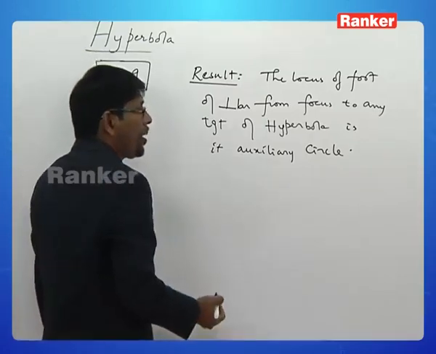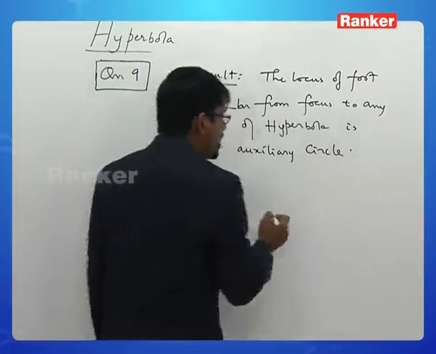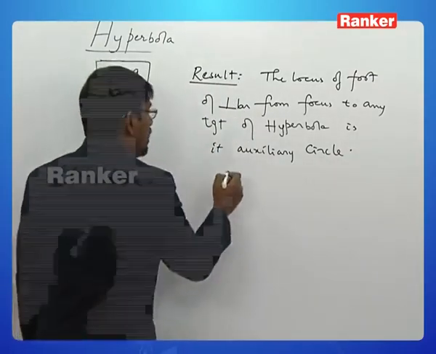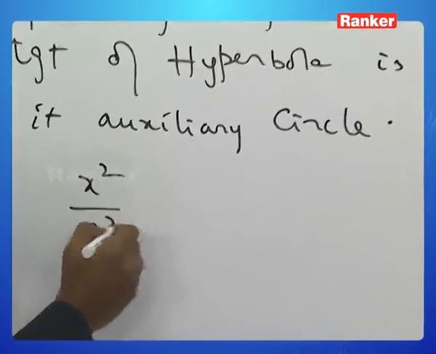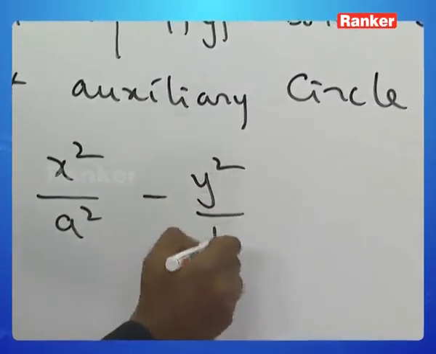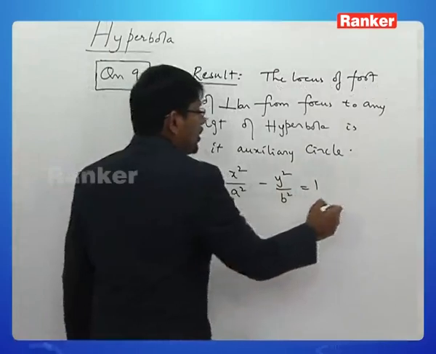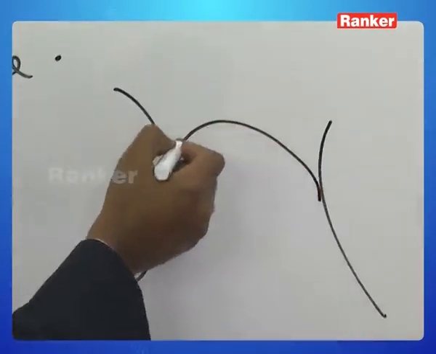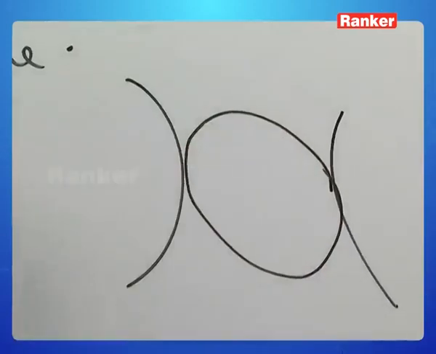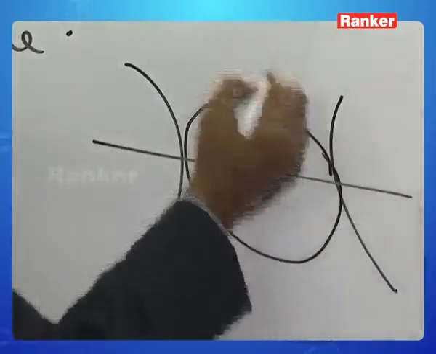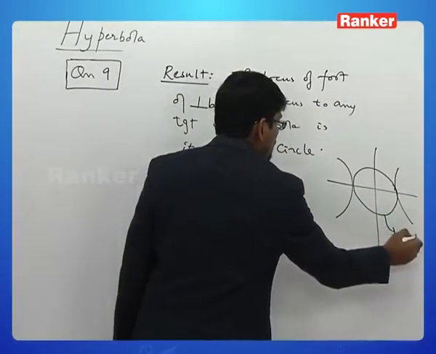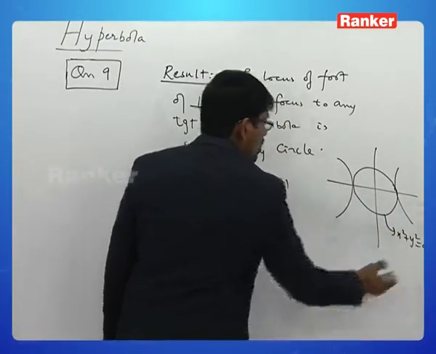Now, what's the auxiliary circle? For the hyperbola x square by a square minus y square by b square equal to 1, the auxiliary circle is x square plus y square is equal to a square. That's the auxiliary circle.